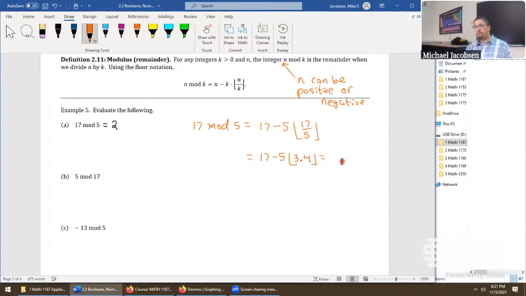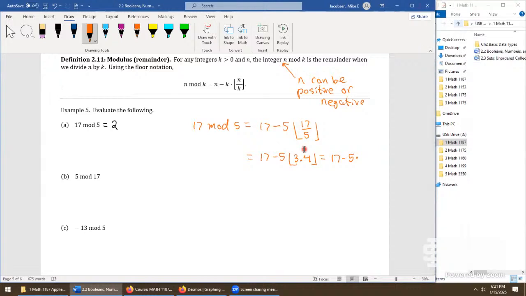3.4. If you think about doing long division step by step, this starts to make sense on why the floor function is coming into play here to give you your remainder. So we'll have 17 minus 5 times, and this was the concept from last class, any volunteers for the floor of 3.4? It'd be 3.